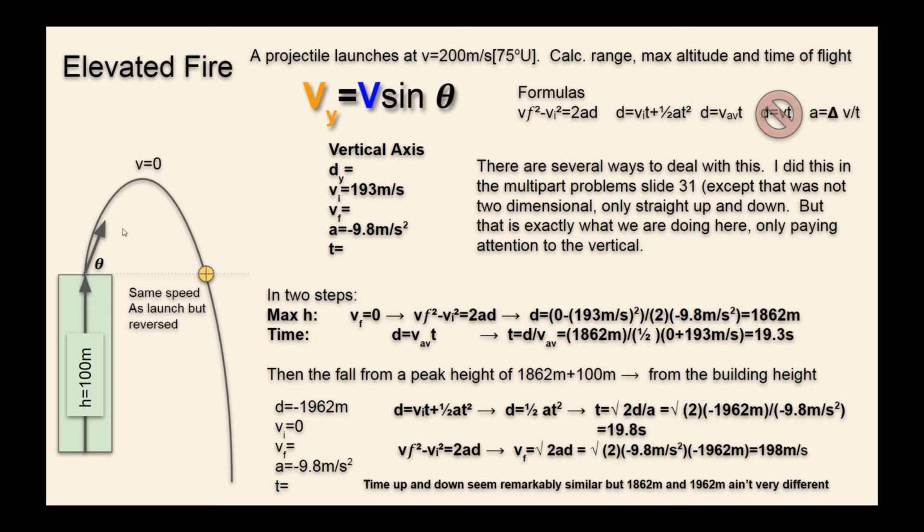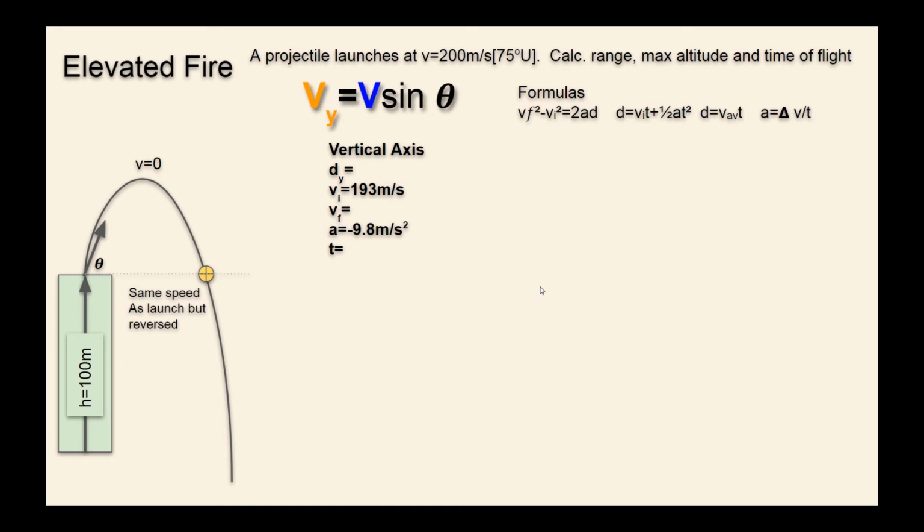Right? On this scale, this peak of this curve should be 10 times higher than the screen you're looking at. There's almost no difference. That building height is peanuts compared to the height the shell actually reaches. So not surprisingly, the time up to 1,862 meters took nearly 20 seconds. And then you're falling only 100 meters more than that. So the diagram is completely messing with your brain when you look at these numbers.